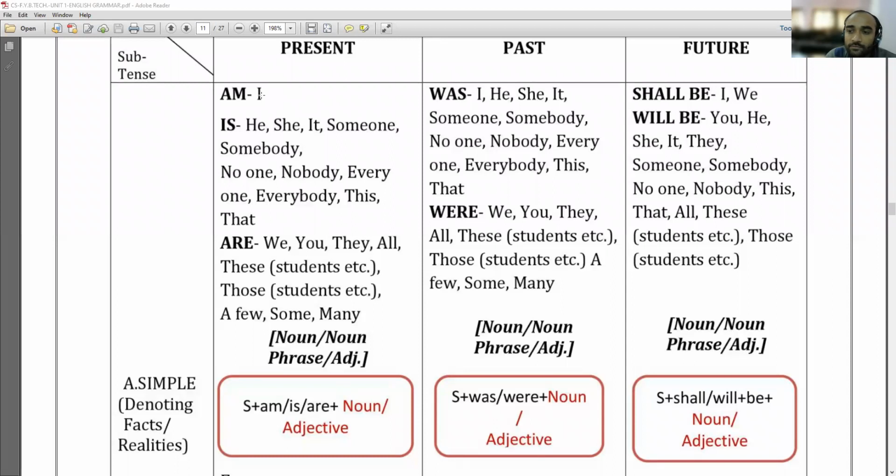So am is used for I, is for he, she, it, someone, somebody, and are is for plural nouns or plural pronouns, that is we, you, they, all, these, those. This we have understood. And also we have seen the structure for denoting the facts or realities in the present: subject plus am, is or are.